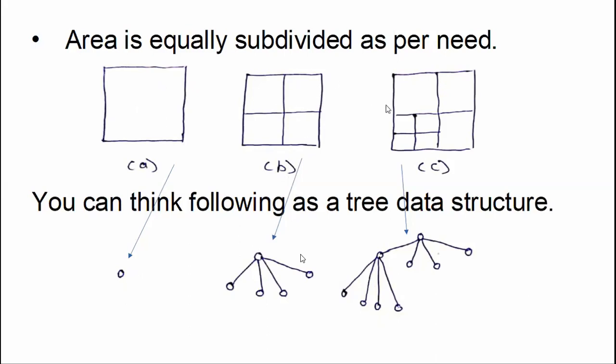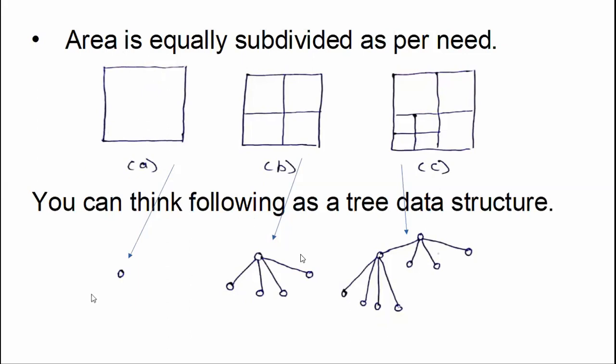So in the third case, in this particular portion, suppose the object is not easily visible. So this particular portion is divided into some parts. As per need, we are subdividing the area, and the tree data structure can be drawn like this.